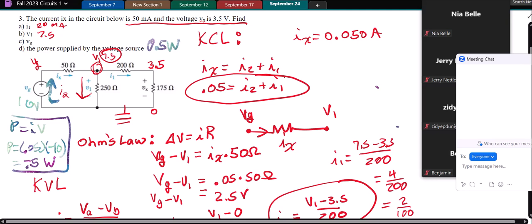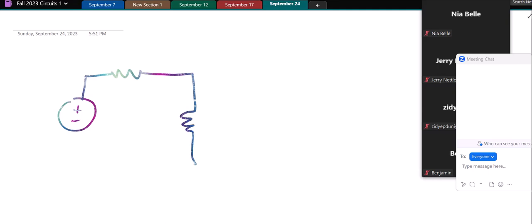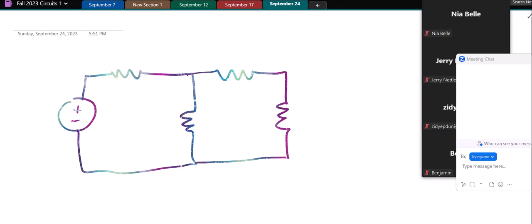So, okay, I'm going to redraw this circuit. Yeah, this was Vx, but that was given.